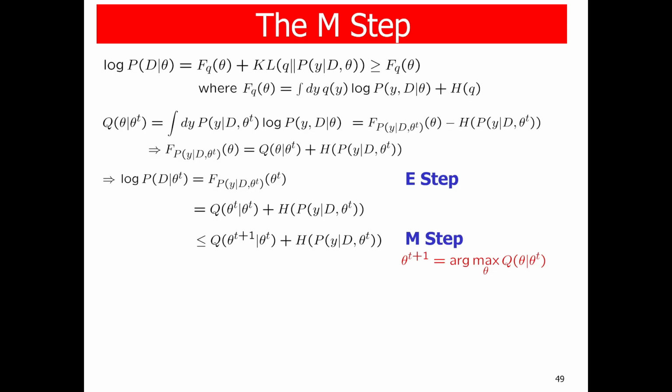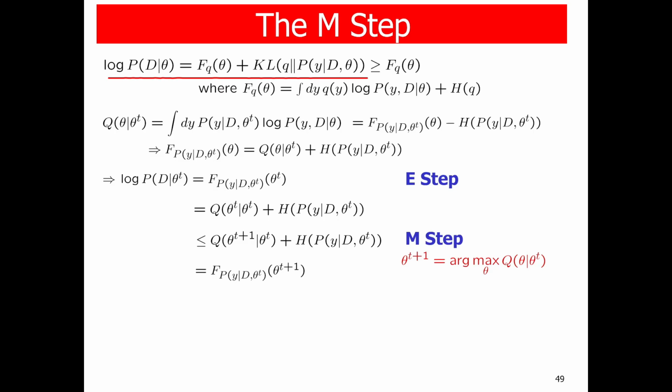Now, using again our identity for the free energy function, which says that the free energy is just the Q function plus the entropy, this expression is exactly this specific free energy.